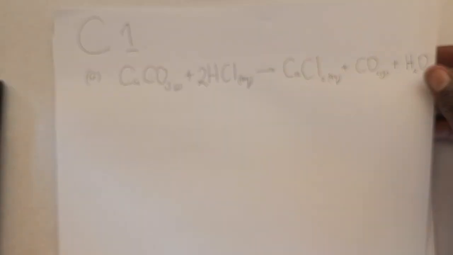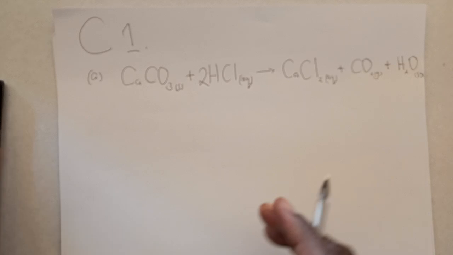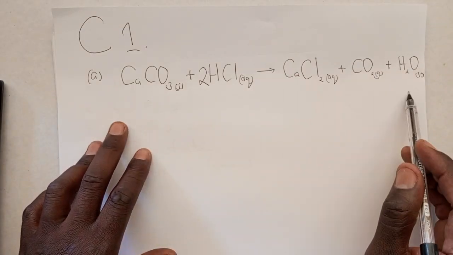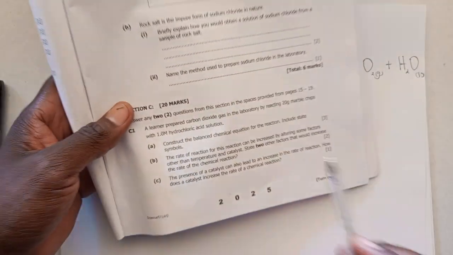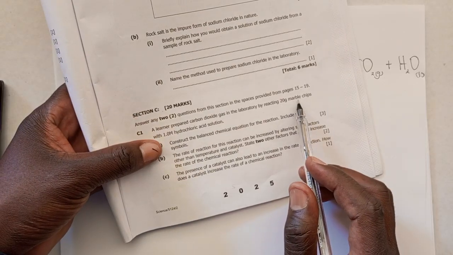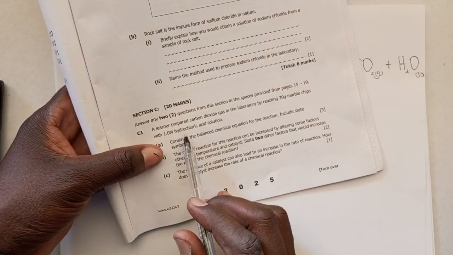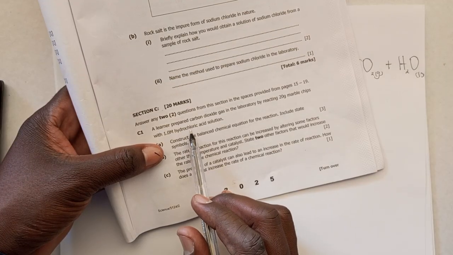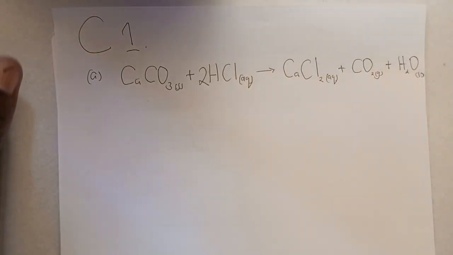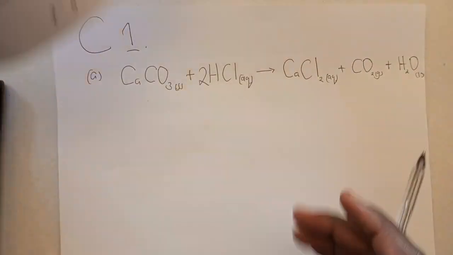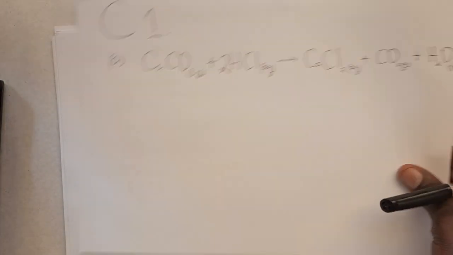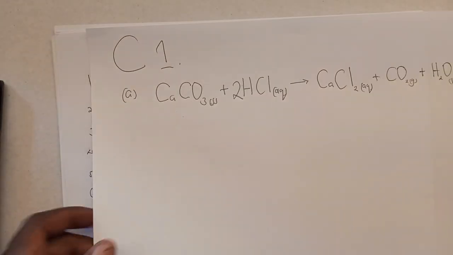In this case, you have this chemical reaction, and in the statement you've been told that 20 grams of this calcium carbonate marble chips was reacted with the concentration of this acid, which is hydrochloric acid. So now, when selecting the factors that affect the rate of the chemical reaction, you look at the question.